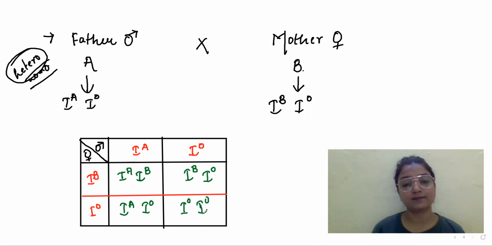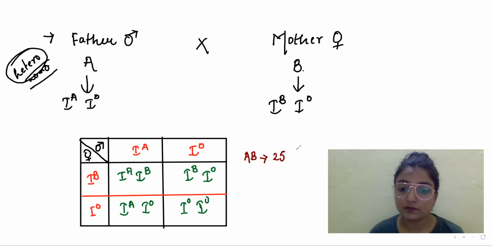So now what we are seeing here is the possible blood groups of the offspring. AB is 25%. Why? Because in only one case you get the AB blood group, in one offspring. So AB is 25%.